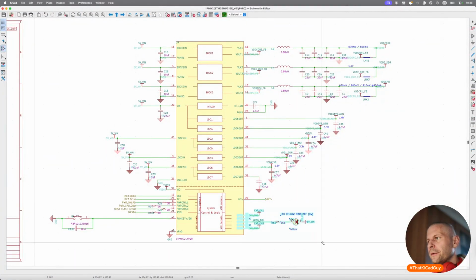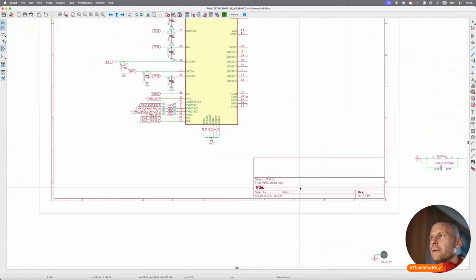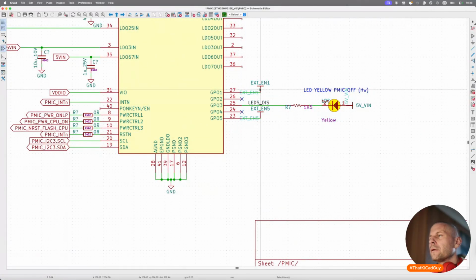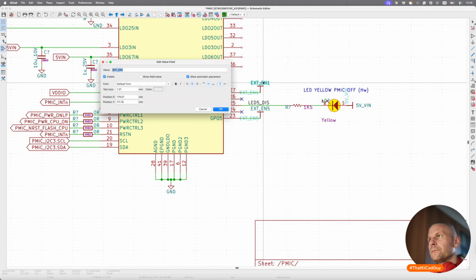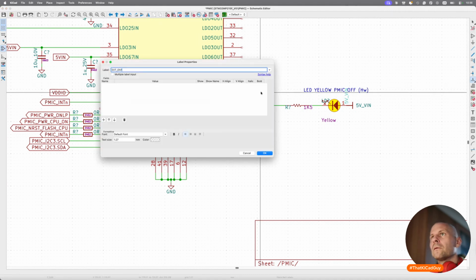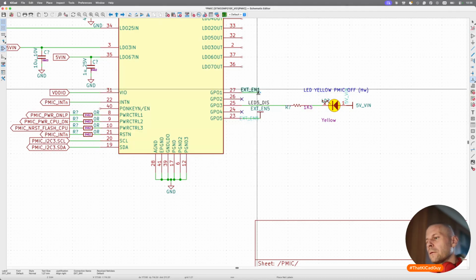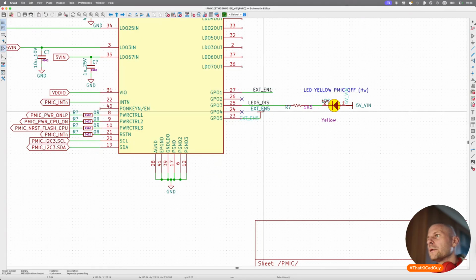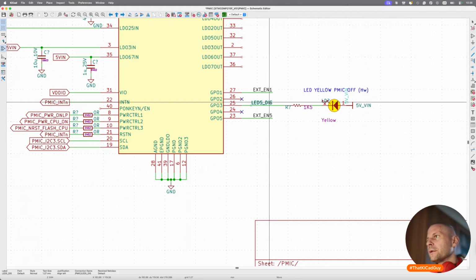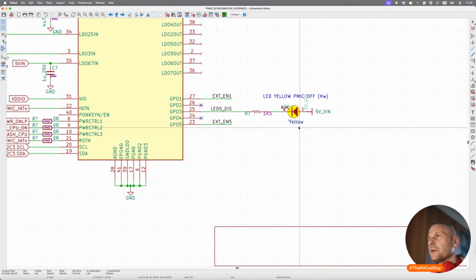I can copy it. This will definitely be a label. The same here. This will be changed after that.